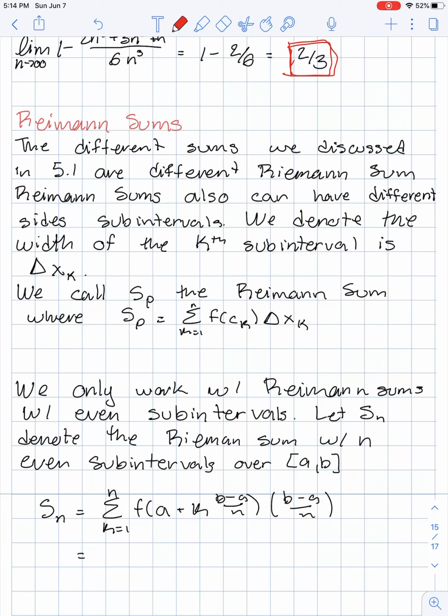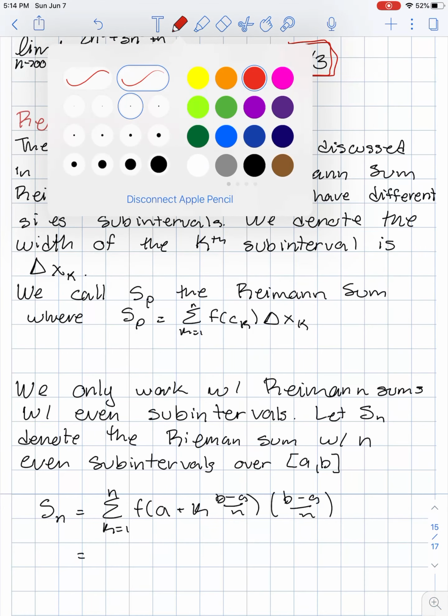Riemann sums is a really broad term for finite approximations, and sometimes they don't have even subintervals, which is really weird. Also, I wrote sides instead of size.